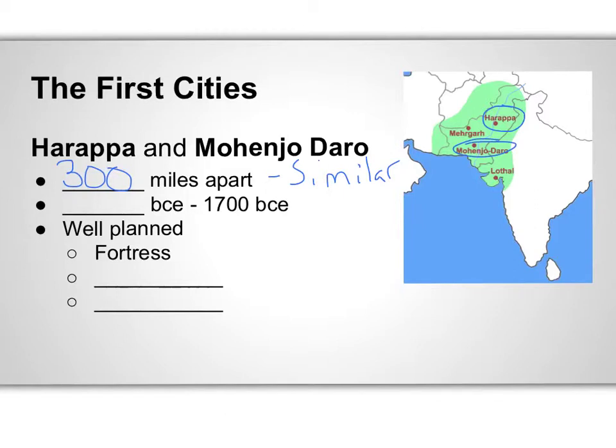Like the Harappan civilization covered that distance, that 300 miles. And this civilization, that's what the textbook says, other people say it's even earlier, started about 2,300 BCE, so almost 4,000 years ago. And it lasted to about 1,700 BCE.